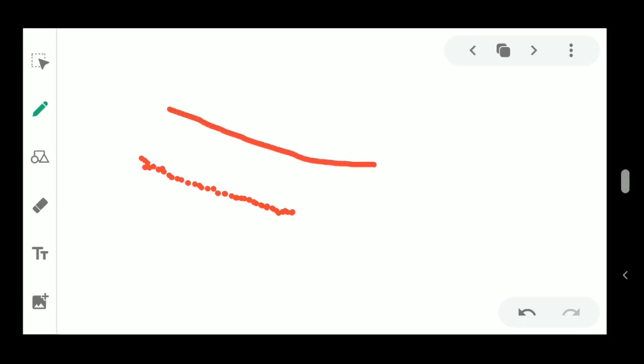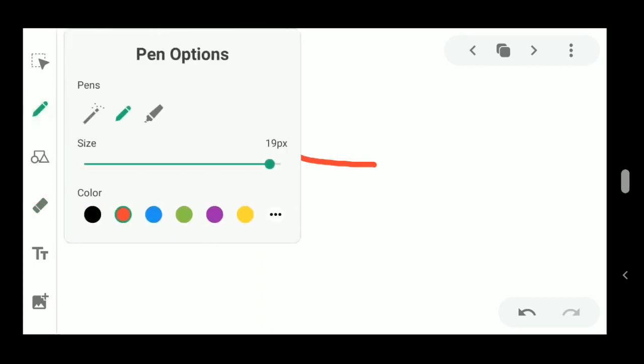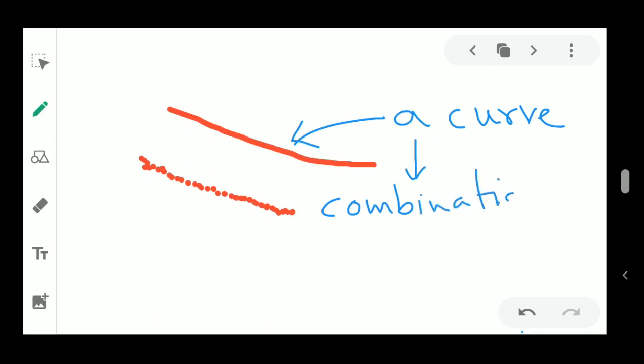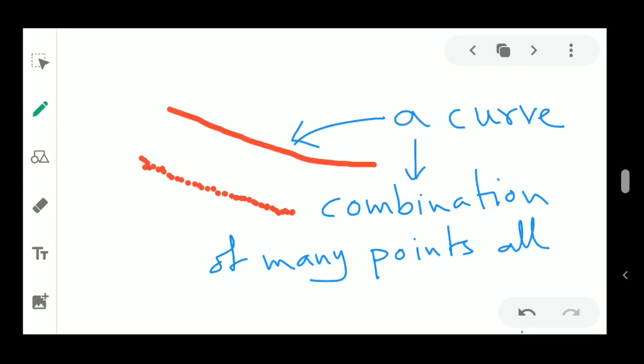This is called a curve. So what is a curve? A curve is a combination of many points all together.